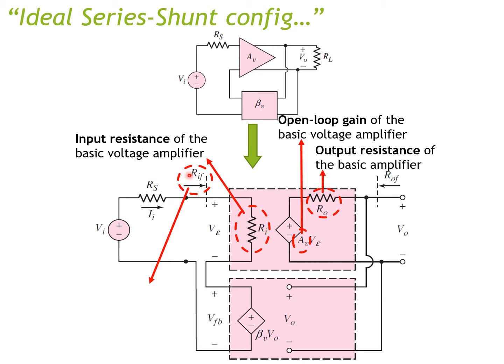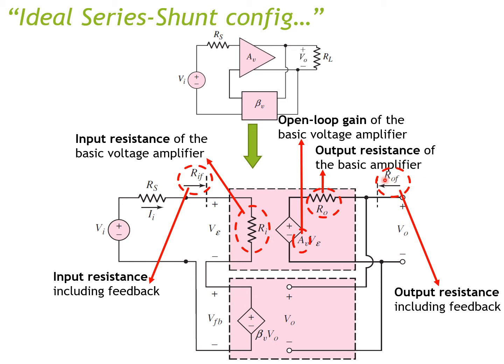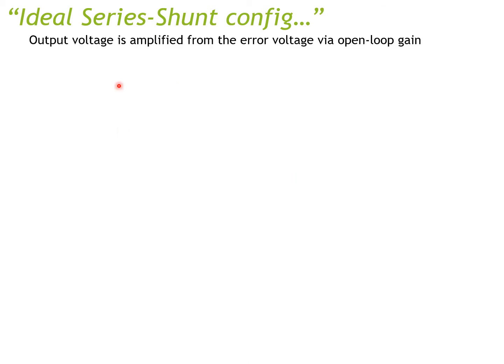The next values are RIF, which is the input resistance of the whole feedback amplifier, and ROF, which is the output resistance of the whole feedback amplifier. I have beta V here, which is the voltage feedback transfer function. The output voltage is amplified from the error voltage via the open loop gain, so VO equals AV multiplied by V epsilon.